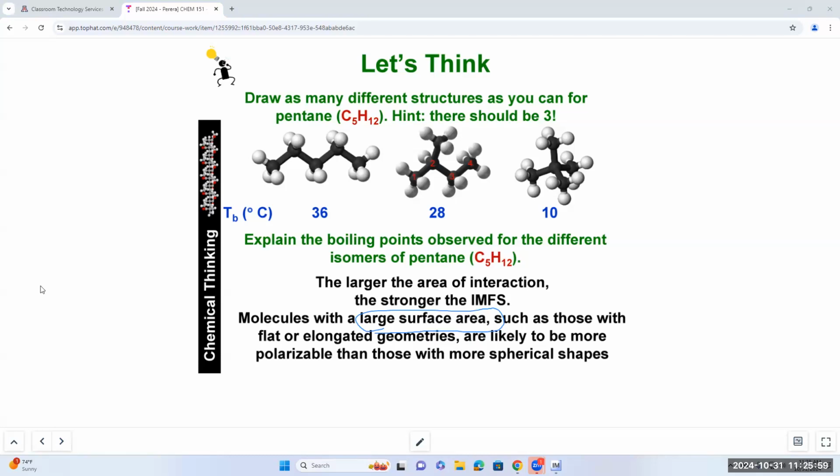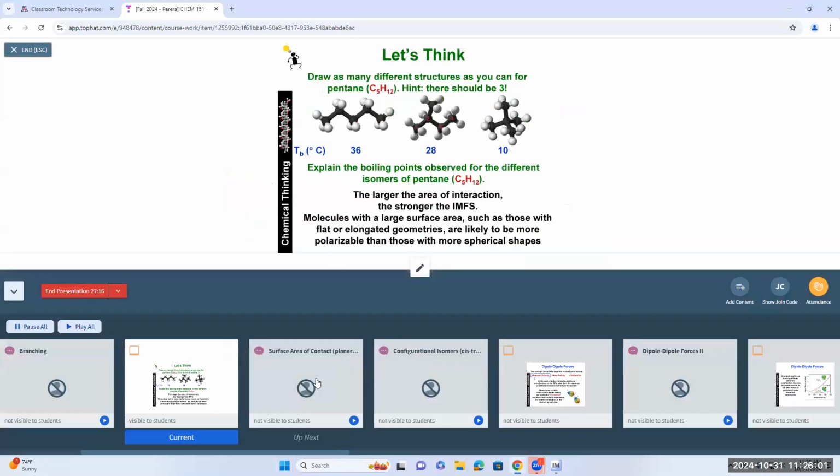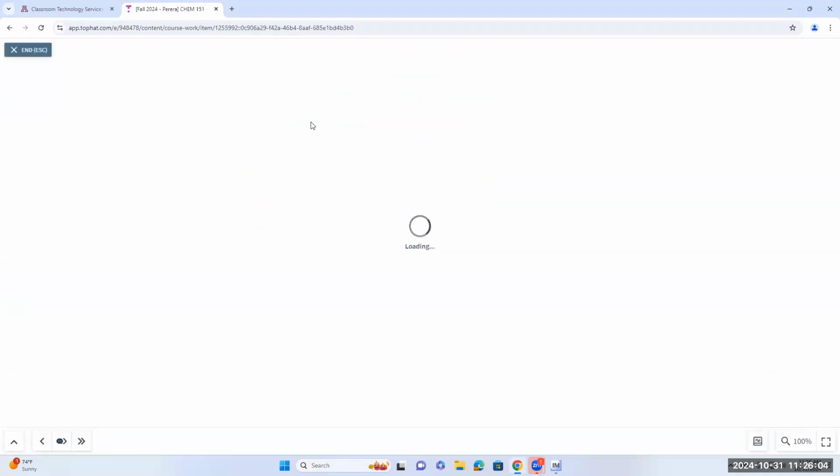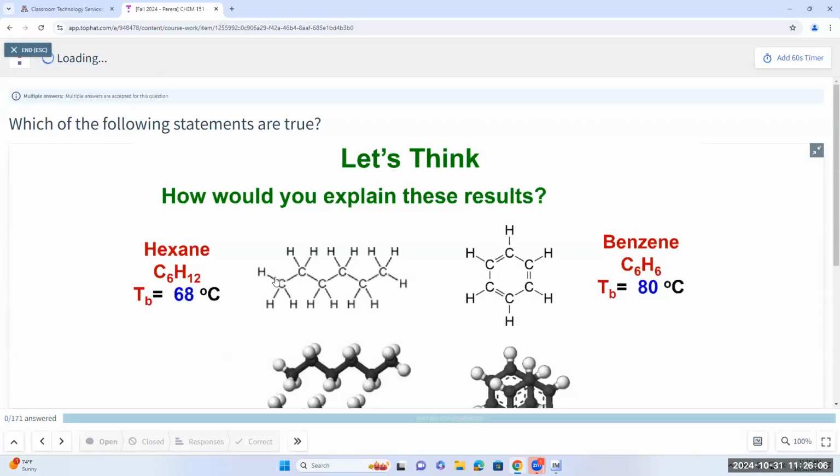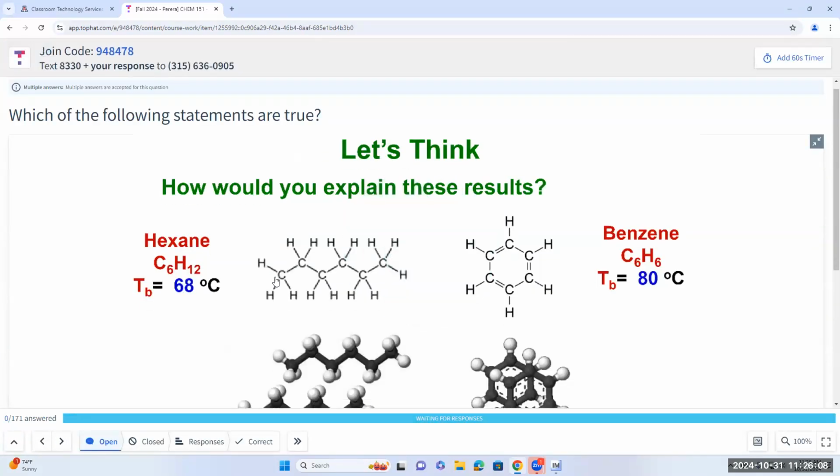All right. So with that, let's try another one. Here we go. Now I'm giving you the data. I'm giving you hexane. By the way, hexane should have 14 hydrogens, not 12.